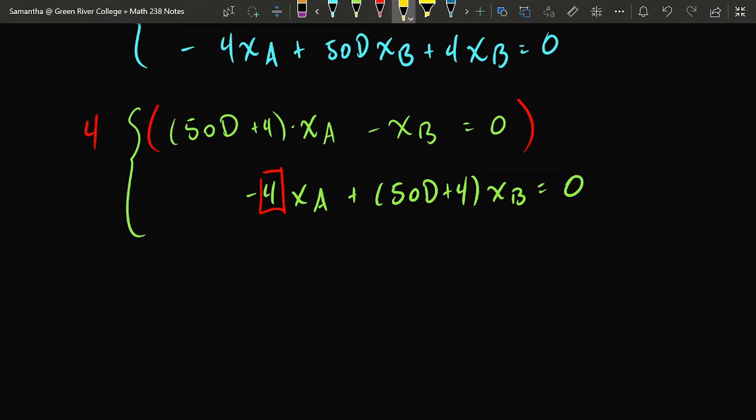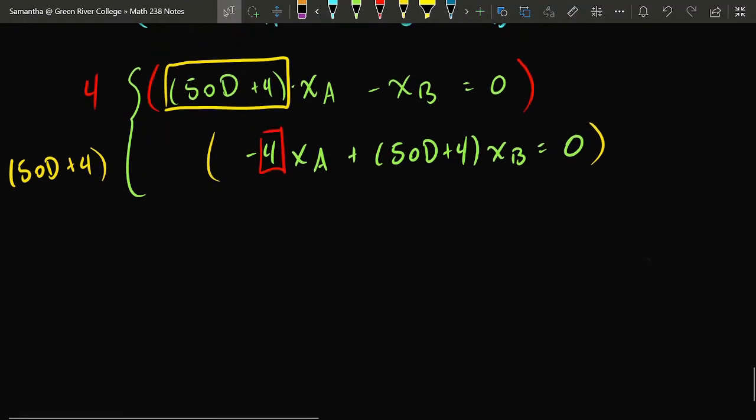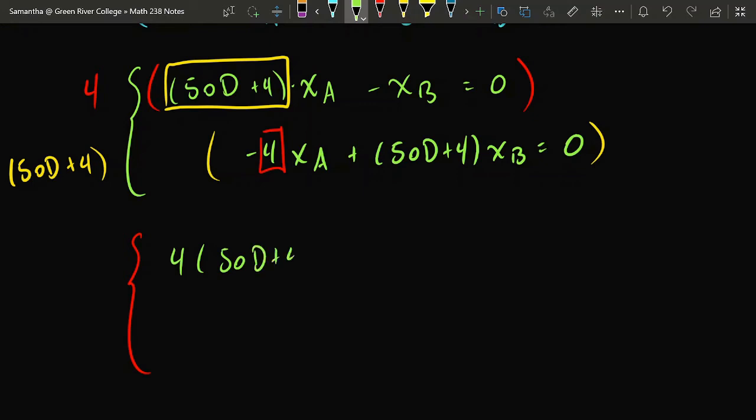And you can take the coefficient in the first equation and use it exactly and apply it to equation number 2. So let's go ahead and do that carefully. Equation number 1 gets an extra copy of 4. Equation number 2 gets an extra copy of 50d plus 4.